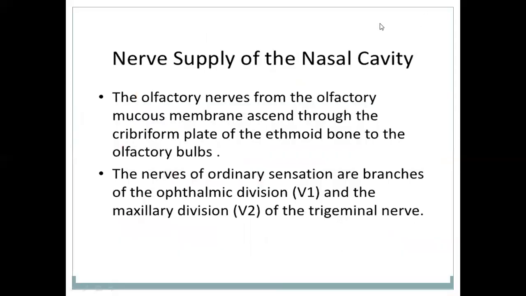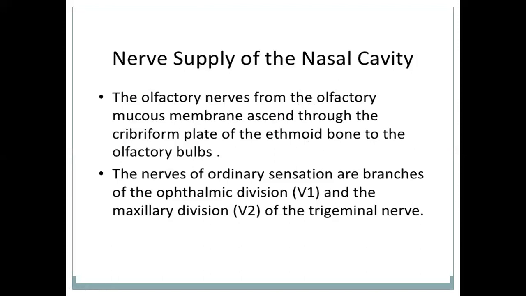Nerve supply of the nasal cavity. Actually, the olfactory nerves are in the upper area of the superior concha, where the mucosa is olfactory mucosa. The olfactory nerves form the olfactory mucous membrane and ascend through the cribriform plate of the ethmoid bone to the olfactory bulbs. So the area in the lateral wall above the superior concha is covered by the olfactory mucosa.